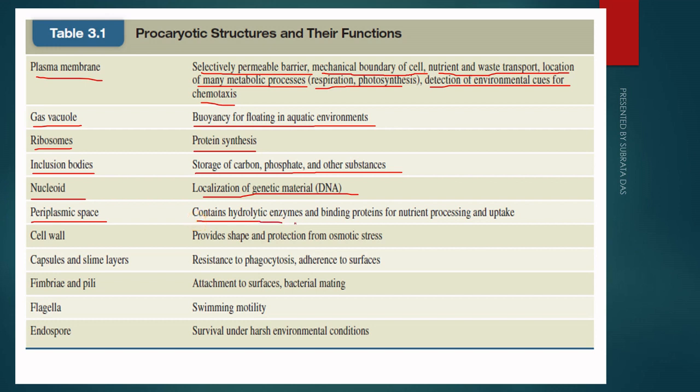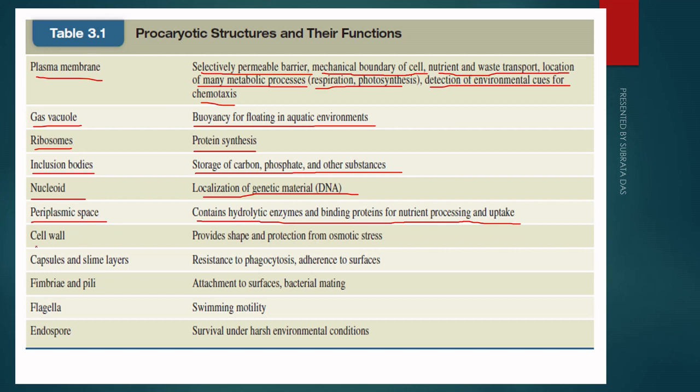It contains hydrolytic enzymes and binding proteins for nutrient processing and uptake. If we get a complex nutrient, then in the periplasmic space many hydrolytic enzymes break down those complex components and take up the simpler, more soluble compounds inside the cell.